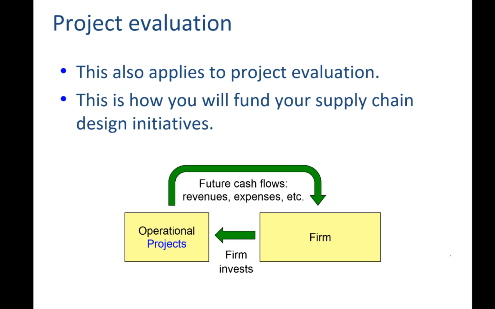This process will also often be applied toward projects, which may not be an investment in physical assets, but may require our firm to expend some money in terms of human resources, for example, to conduct a project. So your supply chain design may not require any physical assets, but it may require time from staff. And that decision whether to allocate budget for that staffing and those human resources may follow a similar process in terms of evaluation.